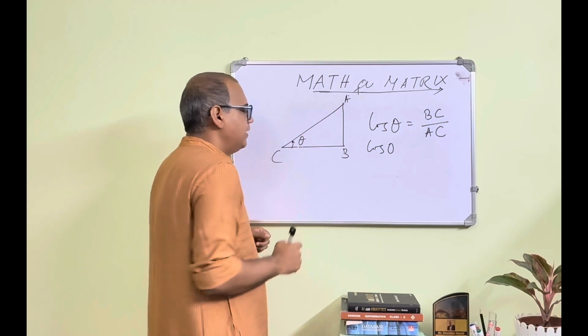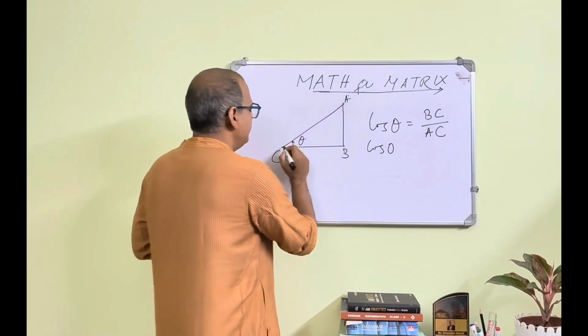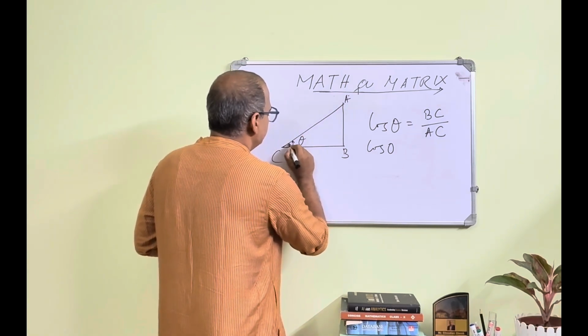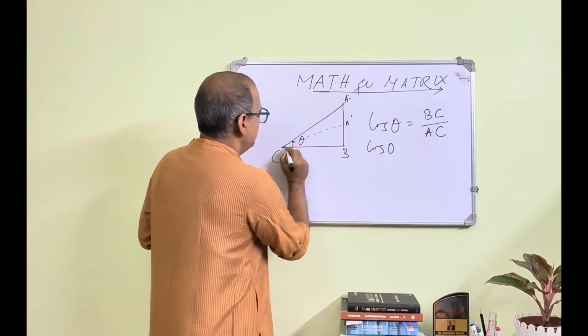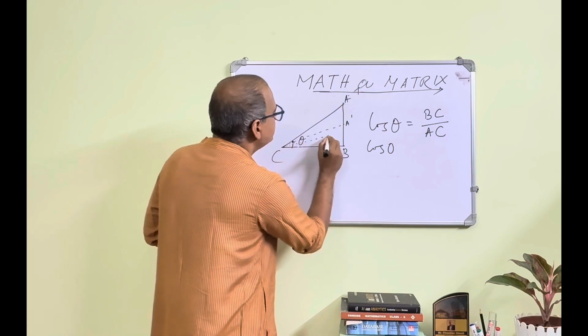So this is theta. If I need to make theta 0, let me draw this just to make it simple. I keep on reducing this angle.